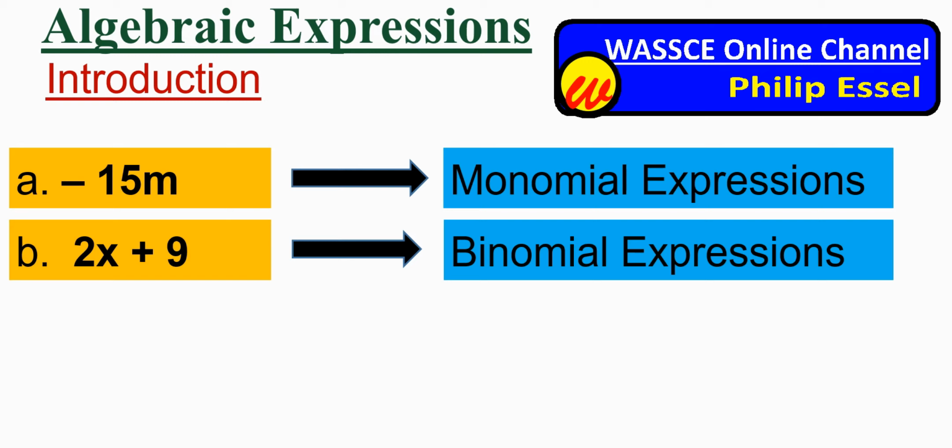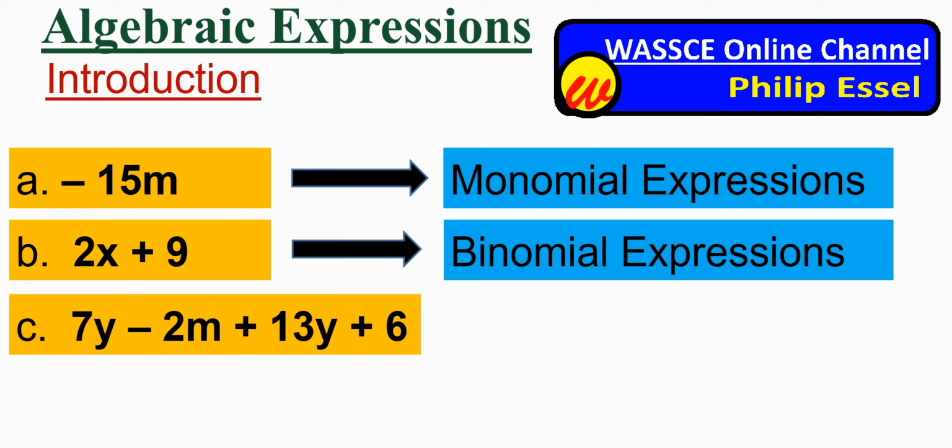Let's look at the final example. We have 7y minus 2m plus 13y plus 6. This algebraic expression has four terms. The first term is positive 7y. The second term is negative 2m. The third term is positive 13y.